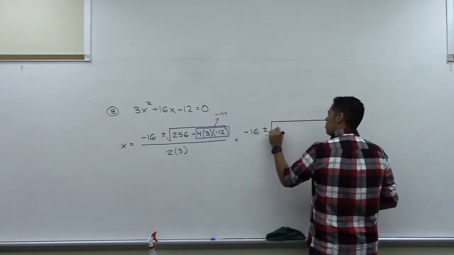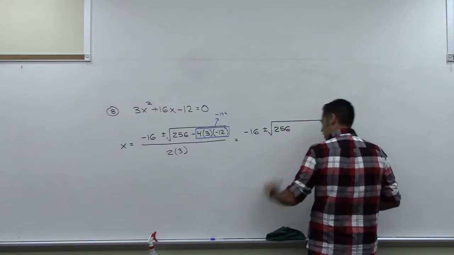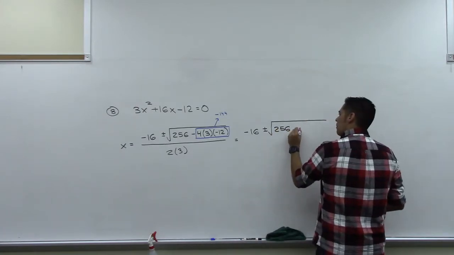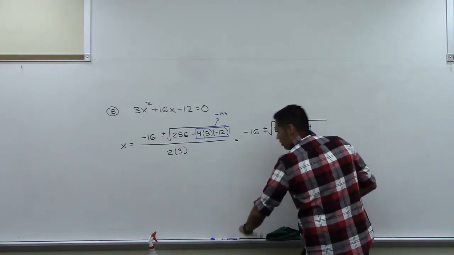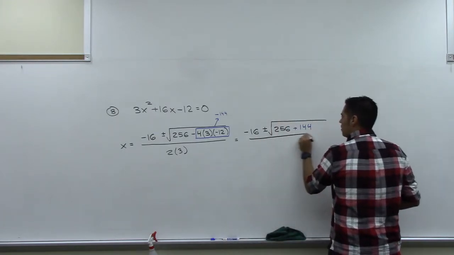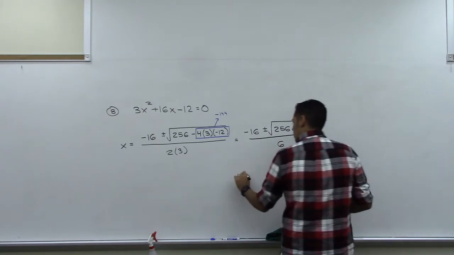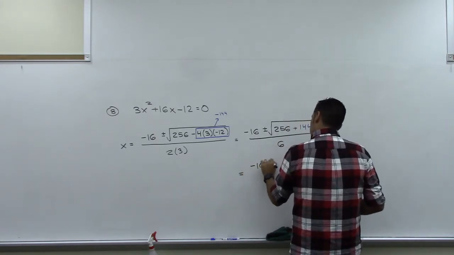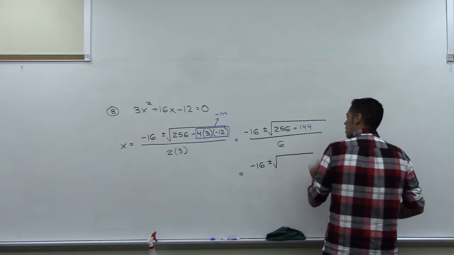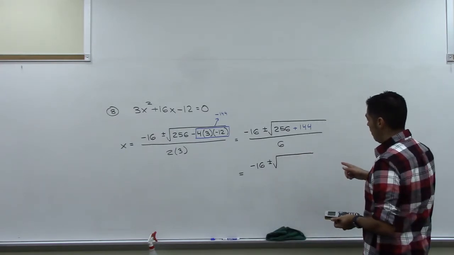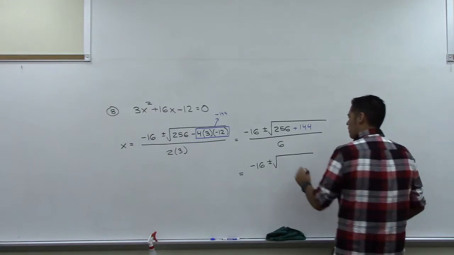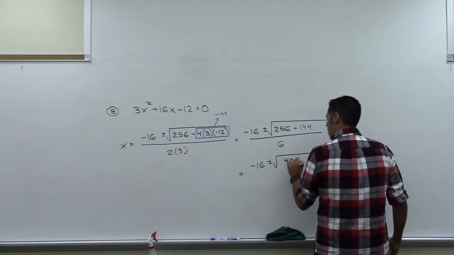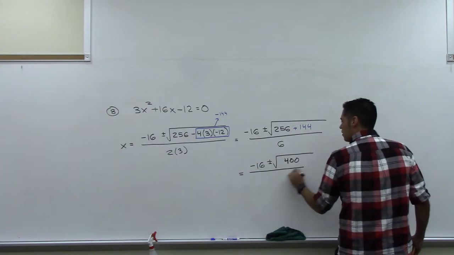So this becomes 256 plus 144, and then all of that over 2 times 3, which is 6. So now we have negative 16 plus or minus the square root of, let's see, is that 400? Yeah, 400. So this is 400, and then over 6.